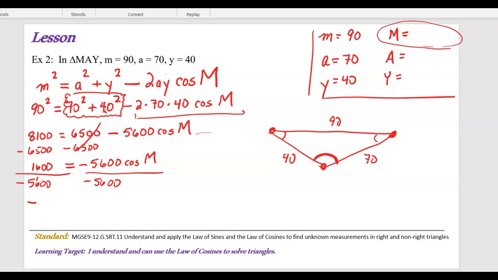Okay, so negative 0.2857, and I'm going to keep 4 decimal places, equals cosine of m.